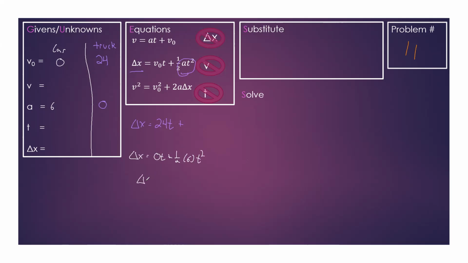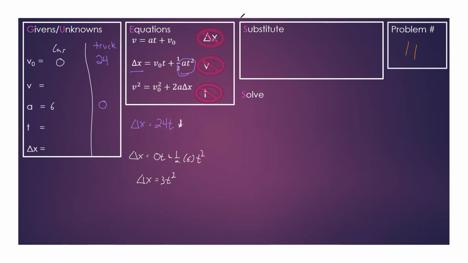So delta x equals 1/2 times 6, which is going to be 3 t squared. Now, what the difference is, before I set these two equations equal to each other, because I was looking for time here, I want displacement.